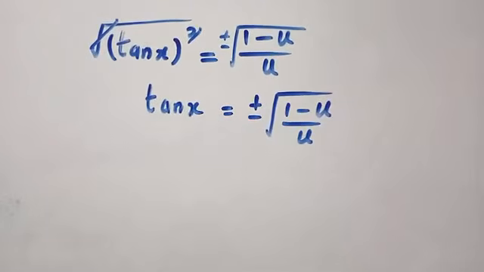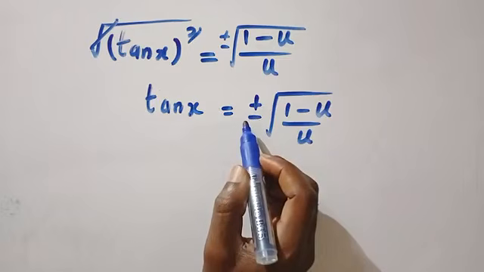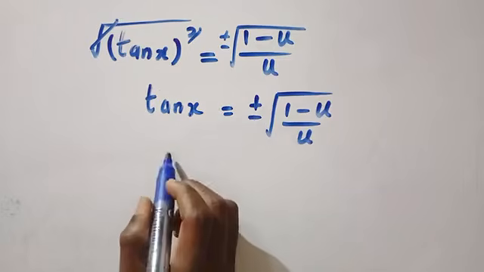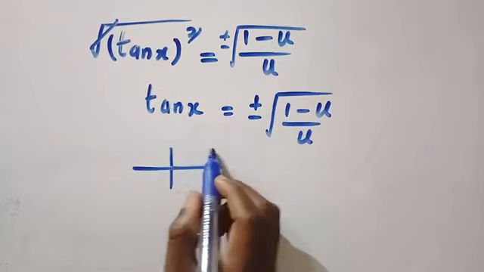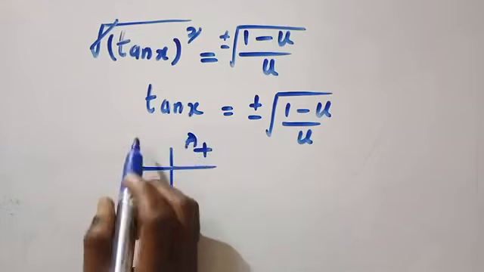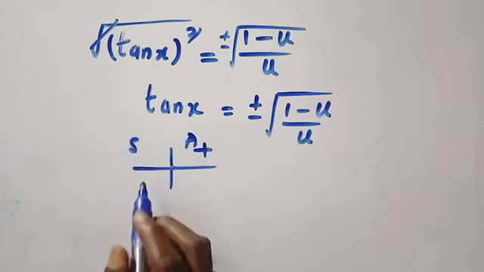It's very simple. The sign here depends on the quadrant that we are dealing with. As we have 4 quadrants, we have the all positive, and we have only sine positive here.